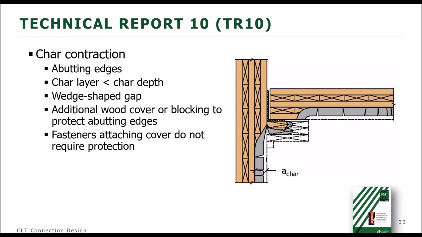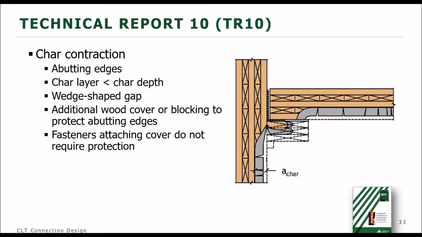Obviously some of the char falls off or dissipates or is consumed. So this difference between the char depth and the thickness of the layer is approximately 0.3 times the char depth. That's the linear relationship between the char depth and the char layer.